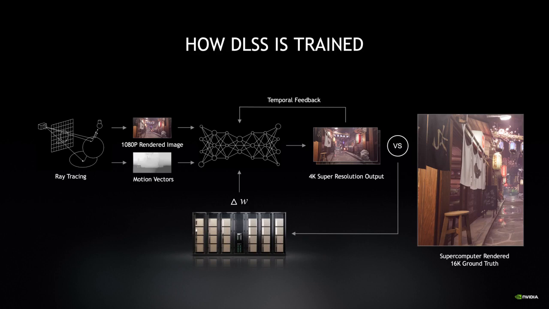Now that frame is then checked against a super high-resolution ground truth. Now, this ground truth is actually rendered at close to 16K, so it's much too high resolution to be run in real time, even on the latest, greatest hardware. But it gives us something to aim for. And so we take that ground truth and we check it against the 4K image. We compute the differences, and then we feed that back through the supercomputer as part of a process called backpropagation.